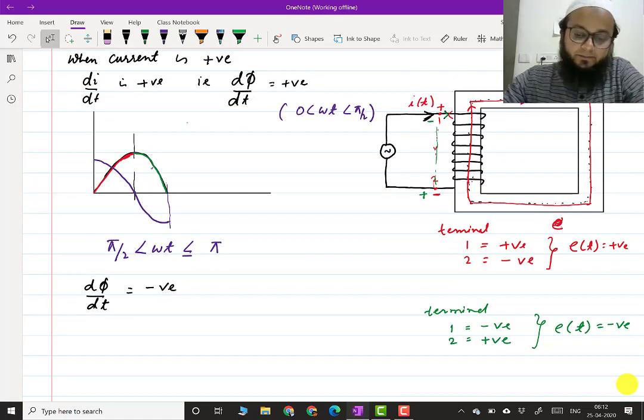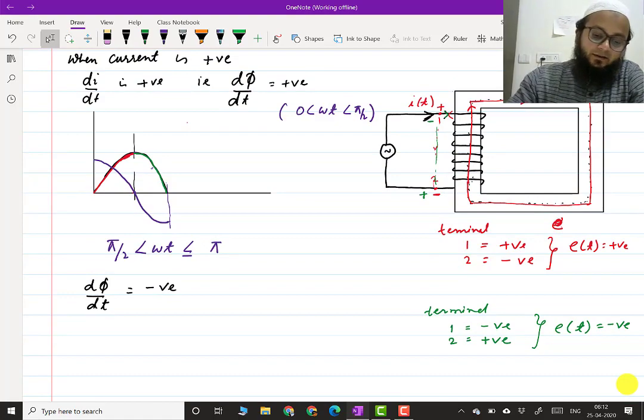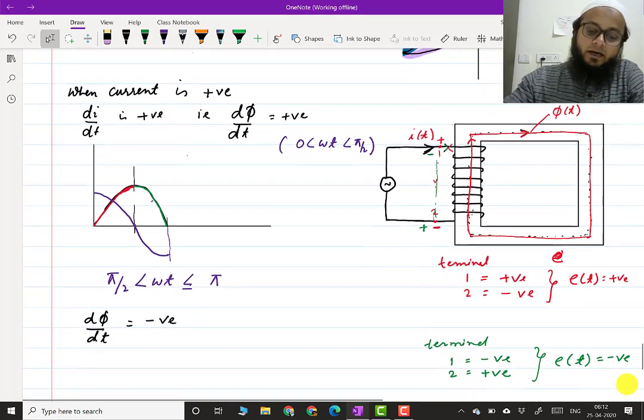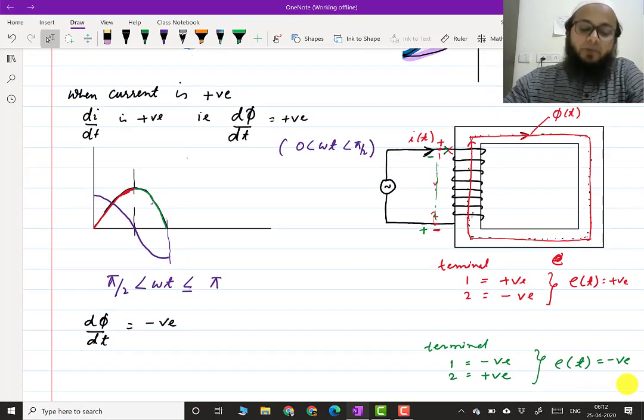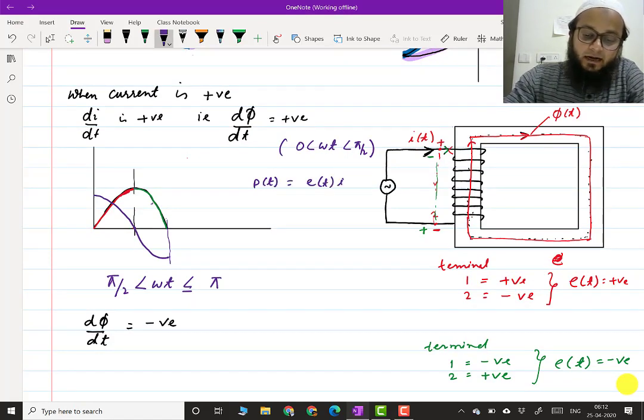What about the power then? What we can see is, in this case, when omega t was greater than 0 and less than pi by 2, the power, let's say PT, is ET into IT, and ET is positive and IT is also positive.